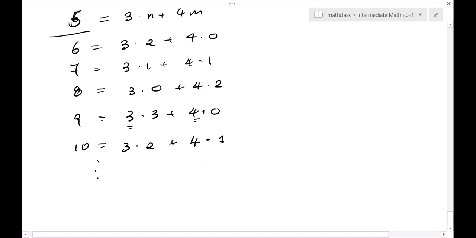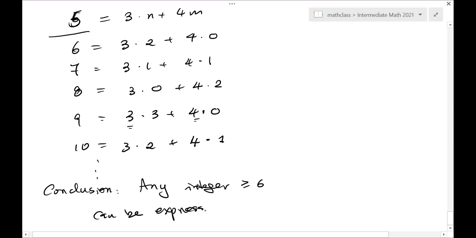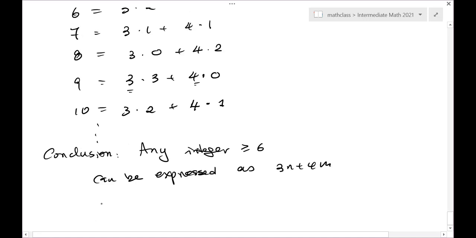Here's my conclusion: any integer greater than or equal to 6 can be expressed as 3n plus 4m for some non-negative integers.